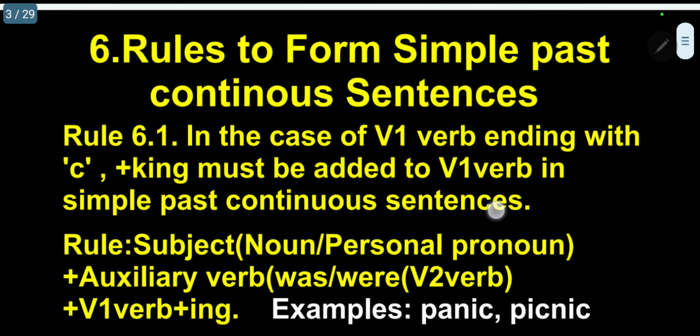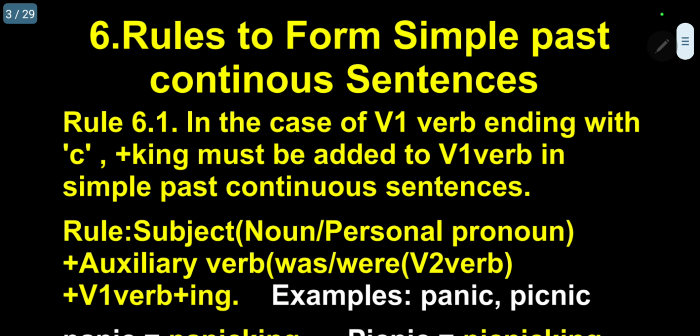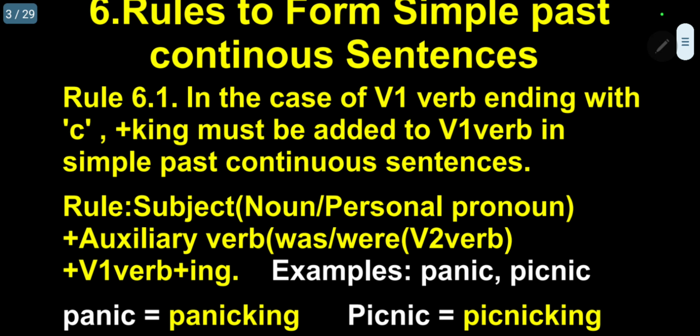The first rule: because I am coming to the sixth type, I am using the number 6, so I am calling it rule 6.1. Rule 6.1 is in the case of a V1 verb. I have already discussed what is V1, what is V2, what is V3: V1 present tense, V2 past tense, V3 past participle.